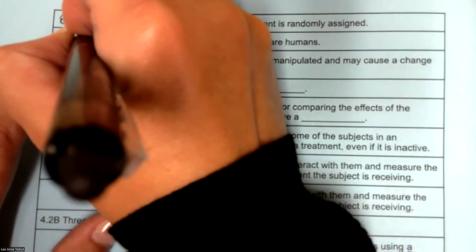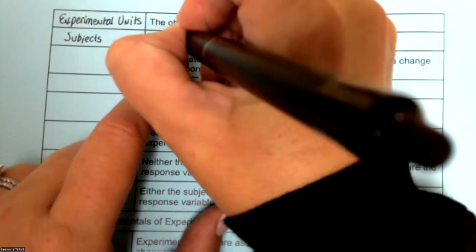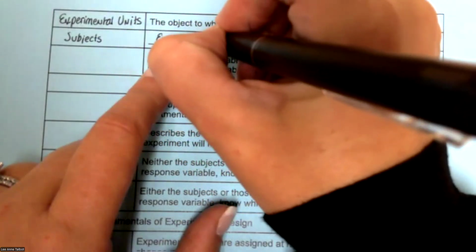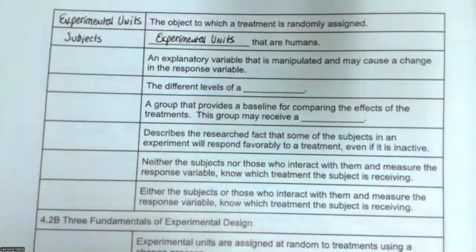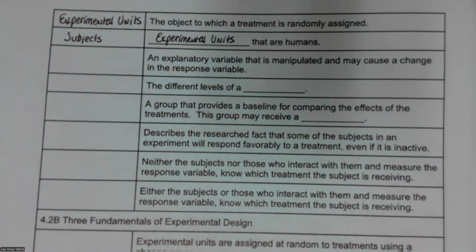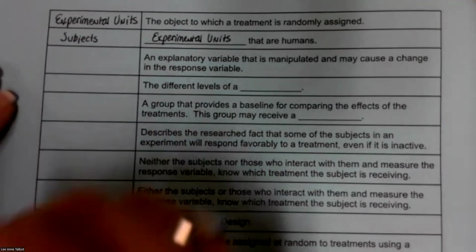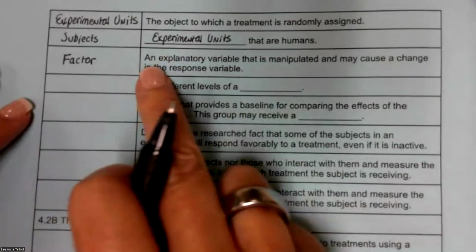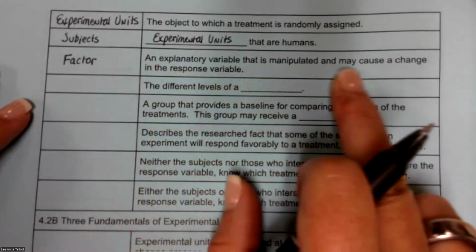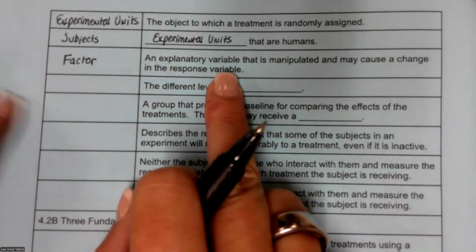When we have experiments that involve people, the experimental units are called subjects. A factor is an explanatory variable that is manipulated and may cause a change in the response variable.